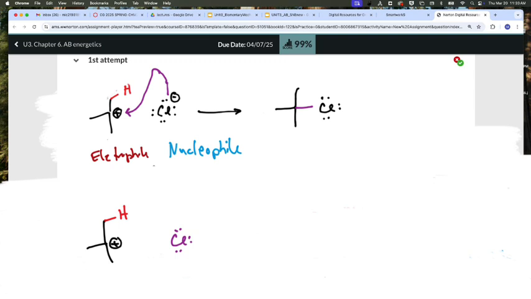That shouldn't be that color. Let's have our base, the chloride, share electrons with the hydrogen. What happens?